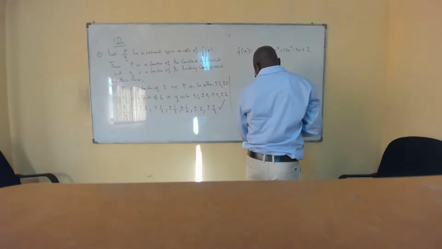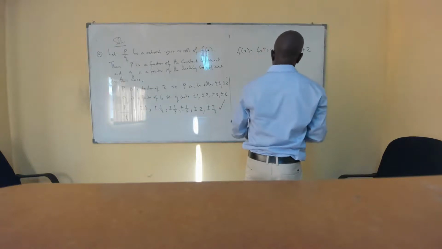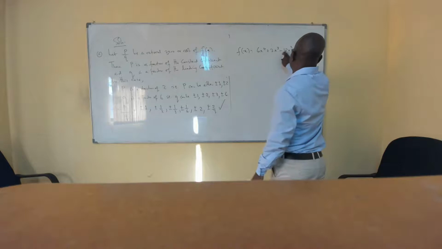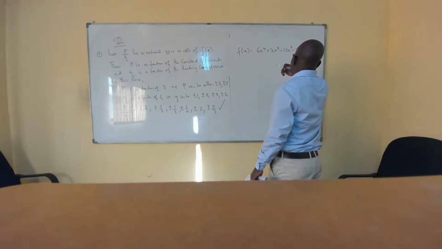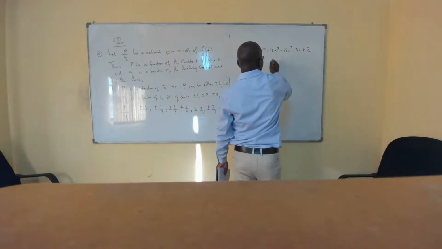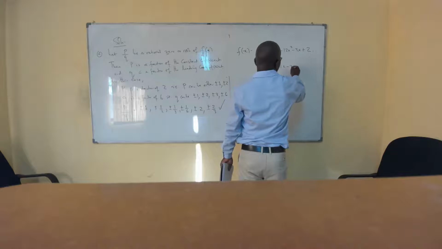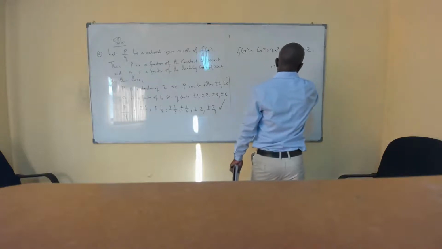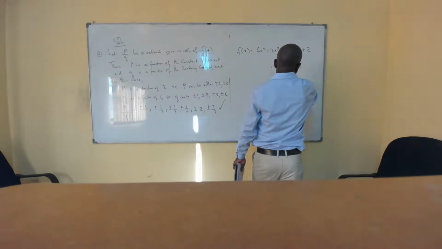You can just add these coefficients. If it gives you 0, then 1 is a zero of that. So 6 plus 7, 13, minus 2, minus 3, plus the constant.